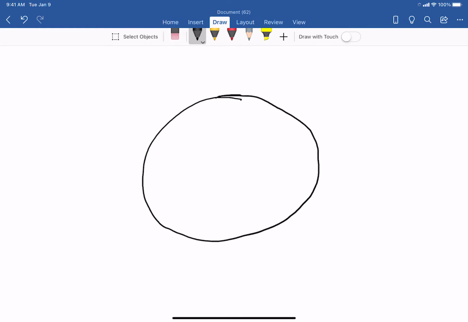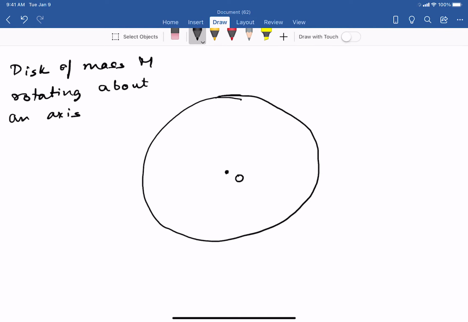All right, consider this disk that is rotating. It doesn't have to be a disk, it can be any shape. So consider this disk of mass m rotating about an axis through its center, which is point O, and the axis is perpendicular to the plane of the disk.